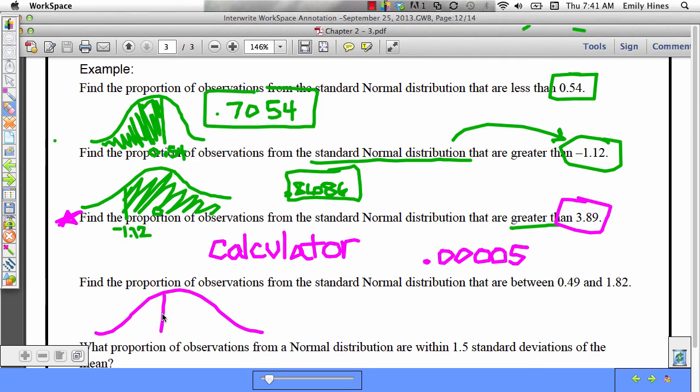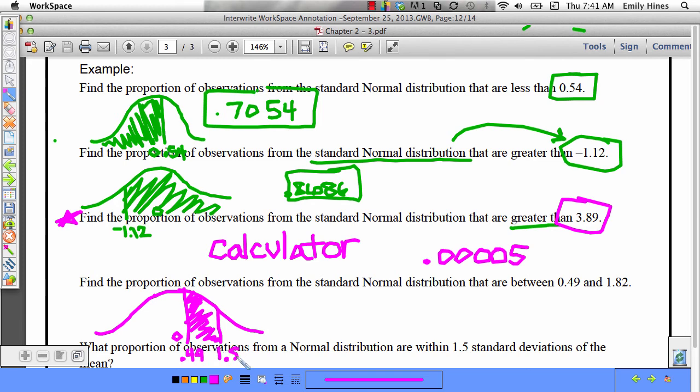And now this doesn't exactly look like the middle, so let's move it over. 0 is my mean. 0.49 would be right beside it, and 1.82 would be a little bit further this way, and I want this, where this is 0.49, and this is 1.82.